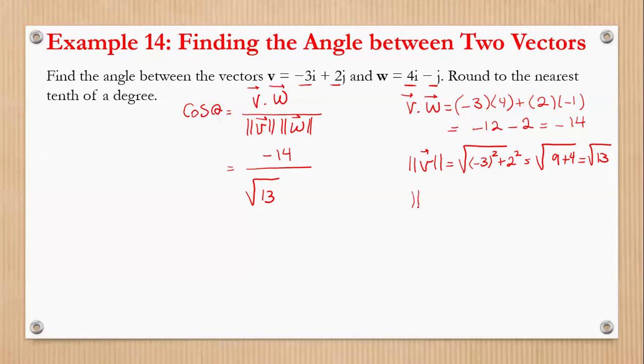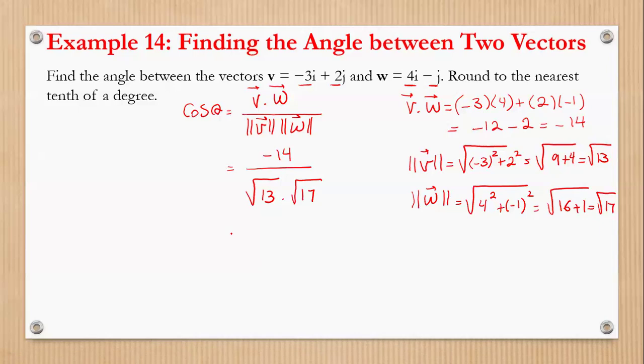I need to find the magnitude of the second vector, vector w, again using the square root of a squared plus b squared. 4 squared is 16, 1 squared is just 1, and 16 plus 1 is 17. Again, 17 doesn't have any roots, so we need to keep it with the radical.